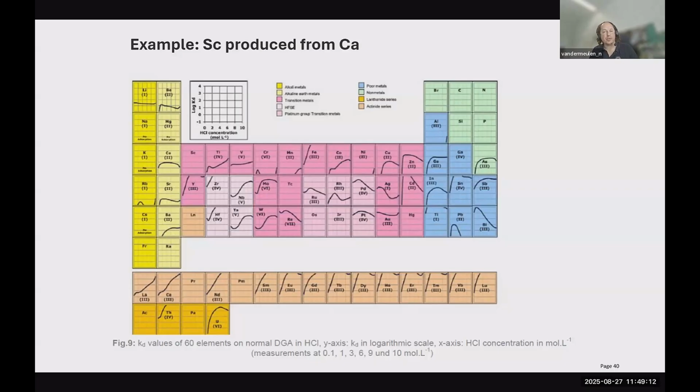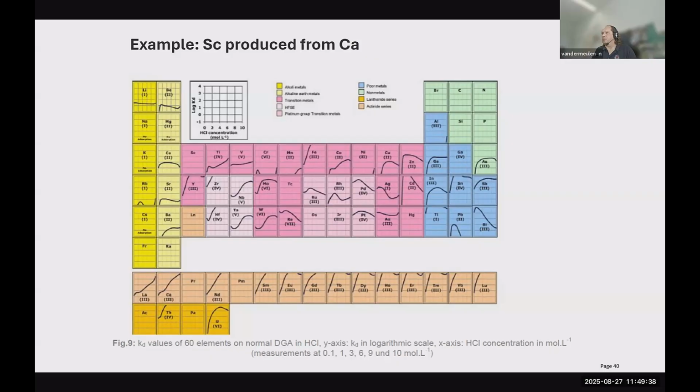That means it comes off the resin very easily. If your distribution coefficient is high, then it doesn't come off, the resin retains it. So in this case, with scandium at low concentrations of HCl, it will come off. The same applies to calcium.